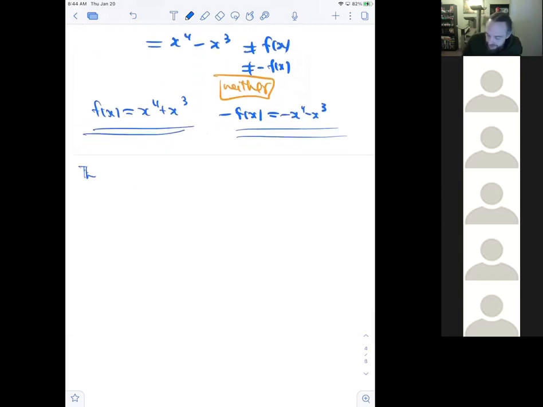Theorem. Let f be a function with 0 in its interior.